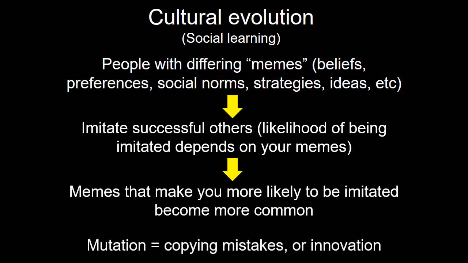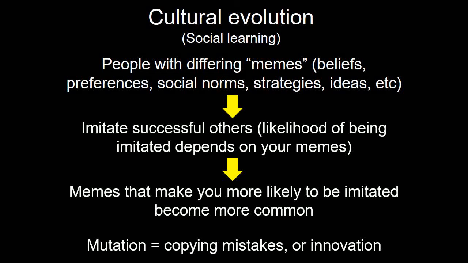And here mutation can take two different forms. One is sometimes I think, oh, Julia's really successful, let me copy her strategy, but I get confused about what her strategy is. So there's not perfect copying, and I pick some new strategy because I thought it's what she was doing, but I was wrong. Or it could also be innovation, where I purposely say, I'm not going to copy anyone, I'm just going to try something, either at random or something that I think makes sense.